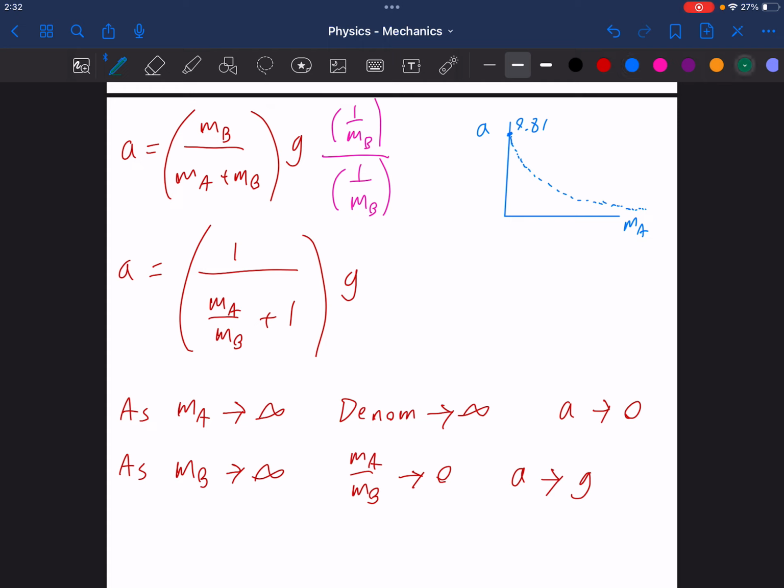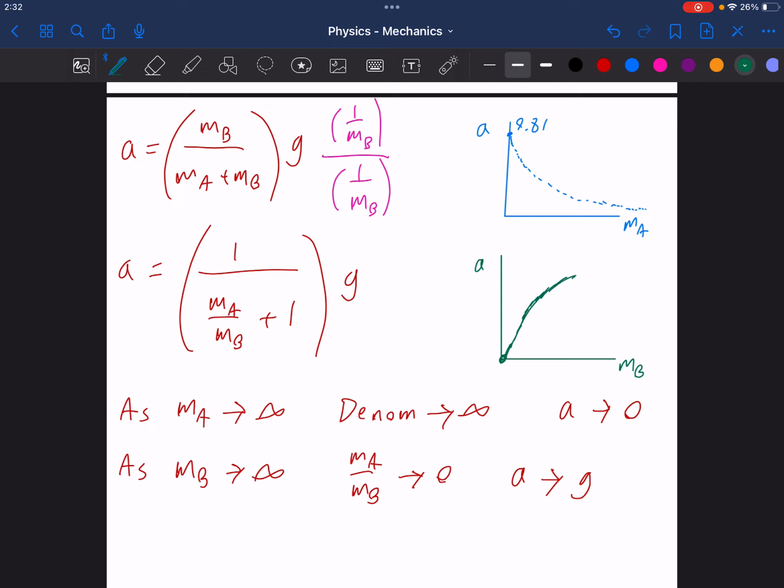You can also plot this acceleration as a function of the mass of B. So as the hanging mass increases, well, if the hanging mass is 0, then my acceleration is 0 because I just have mass A on that table not being pulled at all. But as my mass of B increases, my acceleration goes up, but it doesn't go up in a linear way.